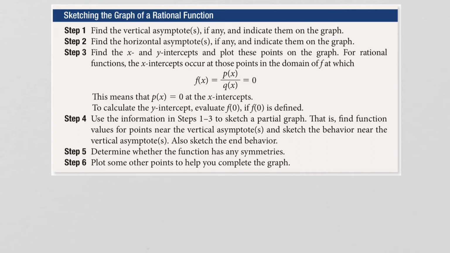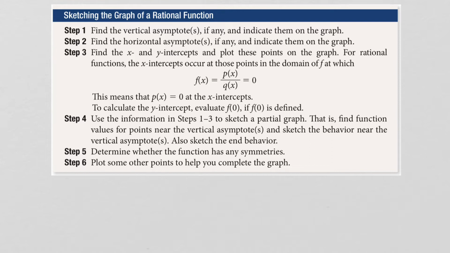So here are the steps for graphing a rational function. First of all, you want to find the vertical asymptotes and indicate them on the graph. Second, find the horizontal asymptotes and indicate them also on the graph, and we just talked about how to do that in the previous two examples.